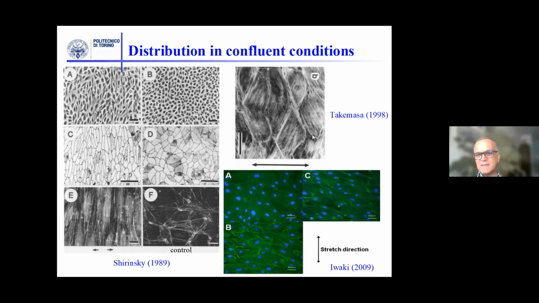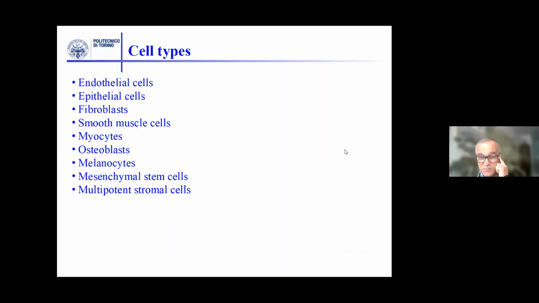But you can see here in this experiment by Takemasa that in these rhomboidal cells, the inner structure that I will discuss in a minute is oriented along theta and minus theta. Okay. So it's the same.